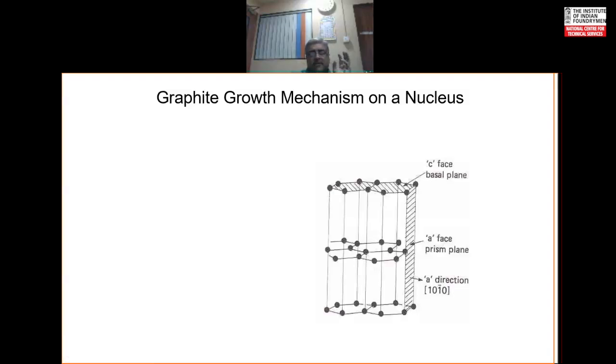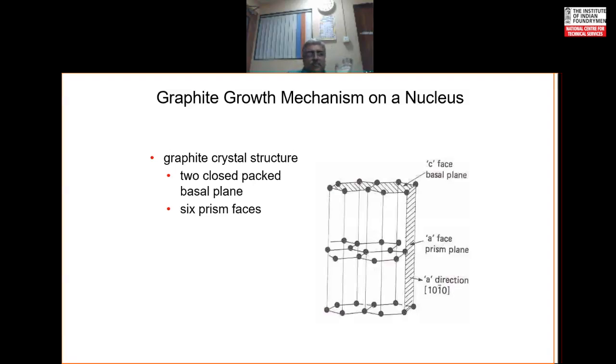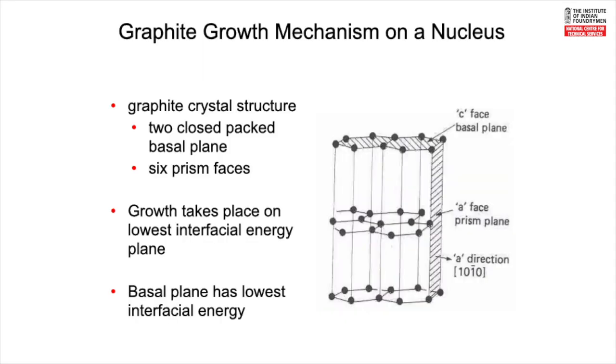This is a crystallographic picture of graphite, which is hexagonal close packed. So two close packed basal planes, six prism planes. Growth will take place on top of the lowest interfacial energy plane, which means the direction of growth will be perpendicular to that plane.